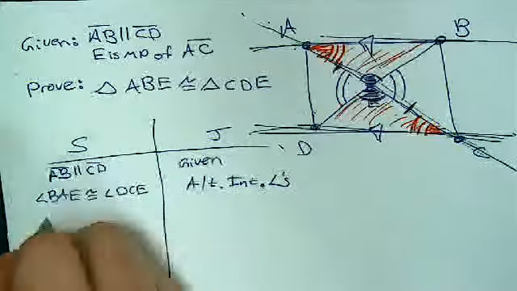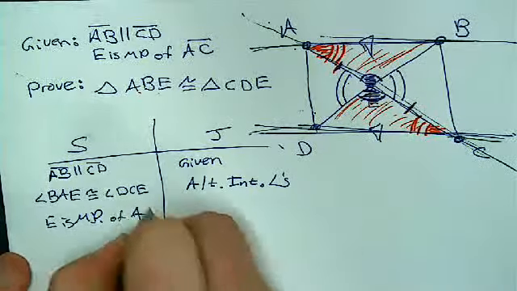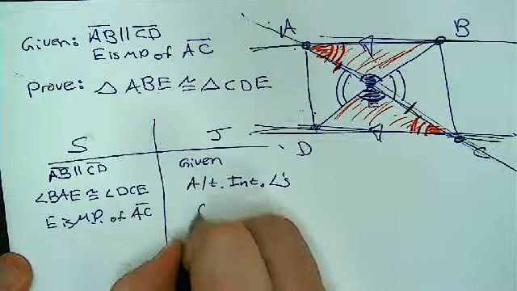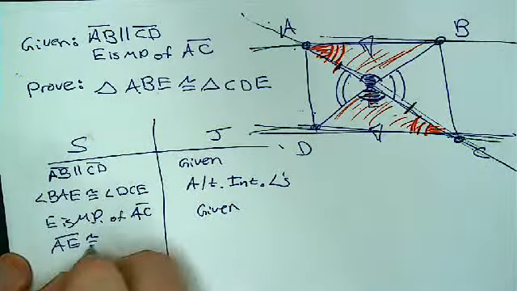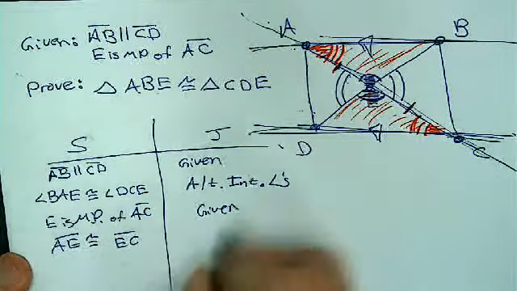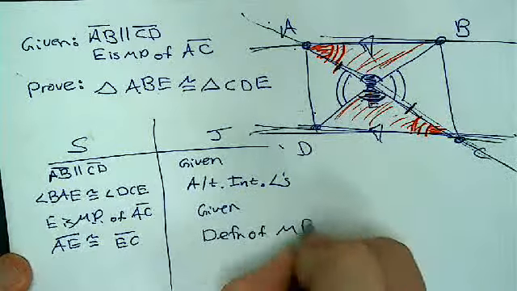My other given was that E is the midpoint of AC, and that led me to AE congruent to EC by definition of midpoint.